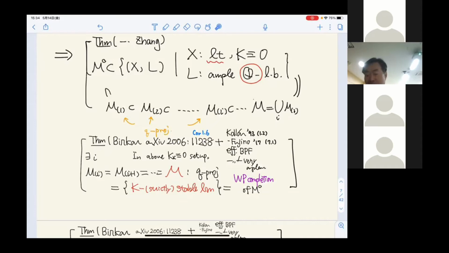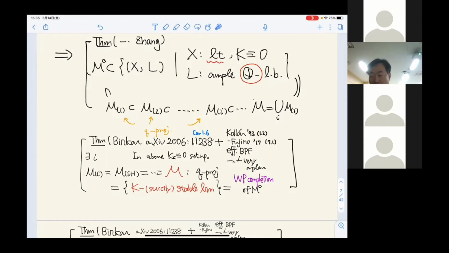But in a recent paper by Birkar, I was pointed to his Corollary 1.6 by Junyan Xu. This paper deals with the boundedness of, not only varieties of general type, but more Calabi-Yau cases and others.